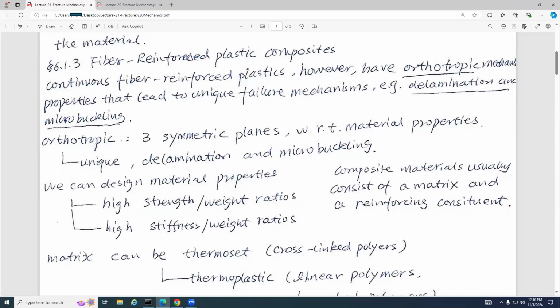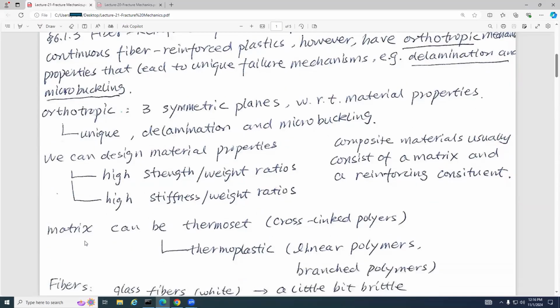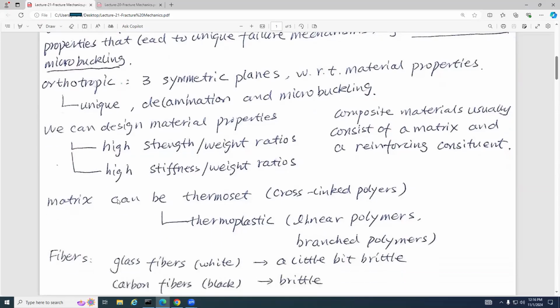For the matrix, we talk about polymer, right? In the last class, we said polymers have two big categories. One is called a thermoset. A thermoset is a cross-linked polymer, which means very, very long molecule chains that are cross-linked with one another.